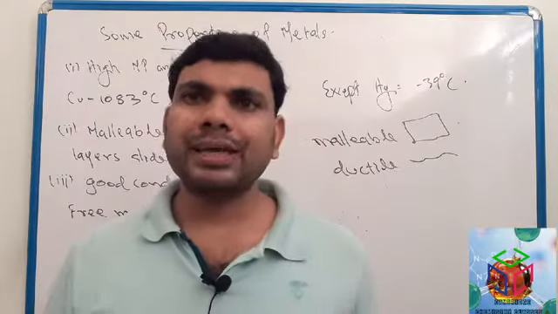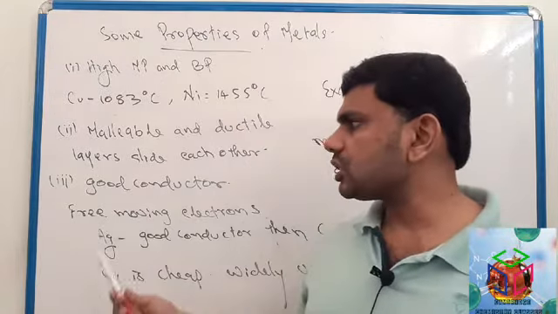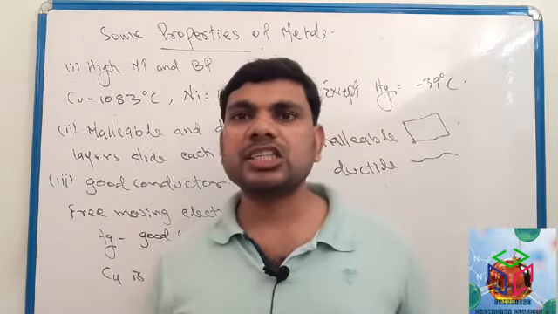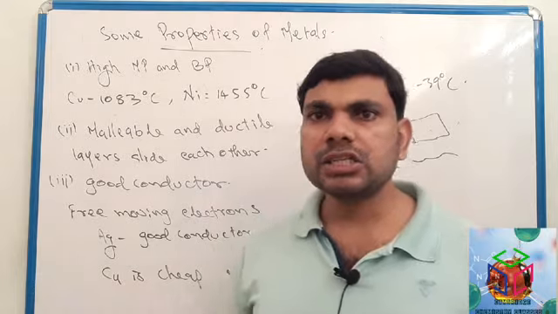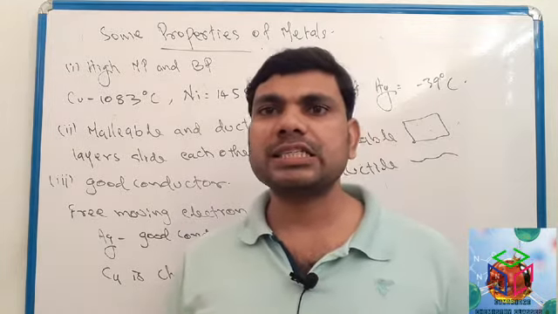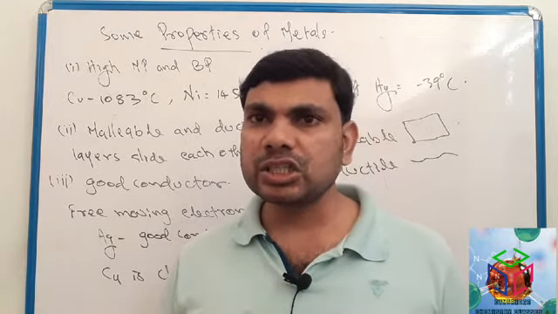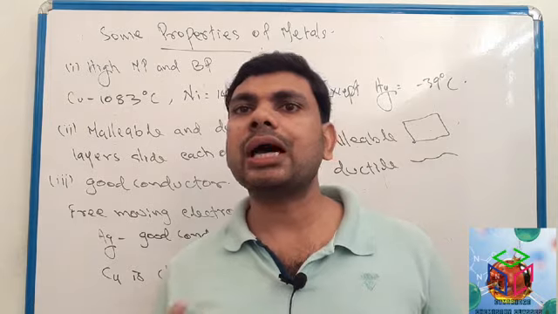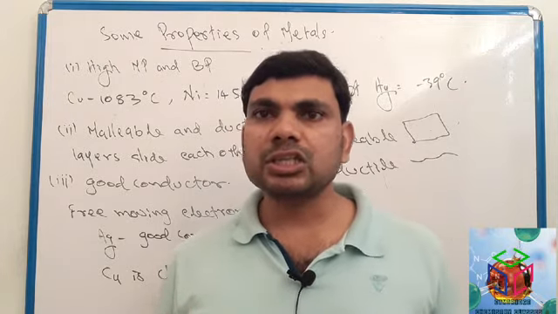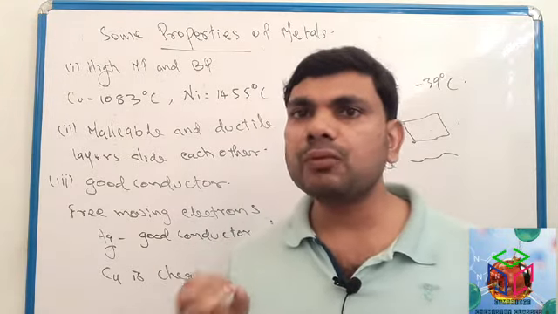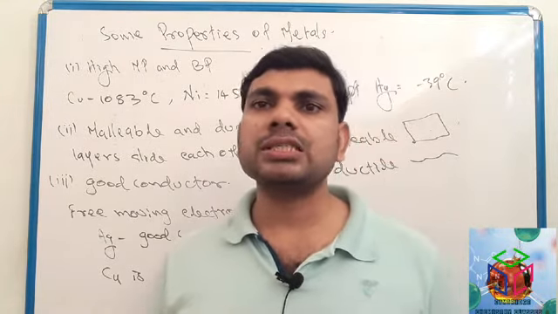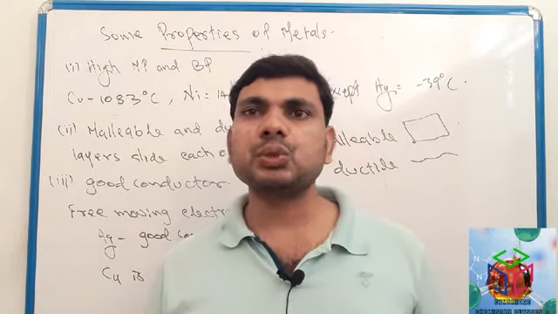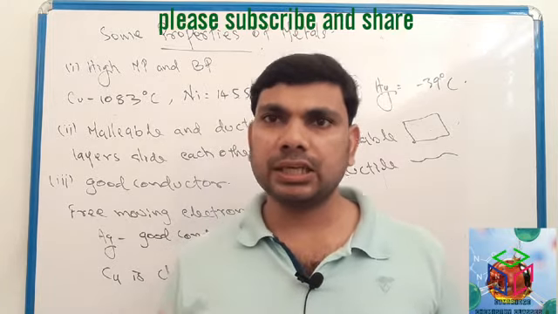Next property: metals are good conductors of electricity and heat. Metals consist of delocalized electrons, free moving electrons, which help to conduct electricity and heat.